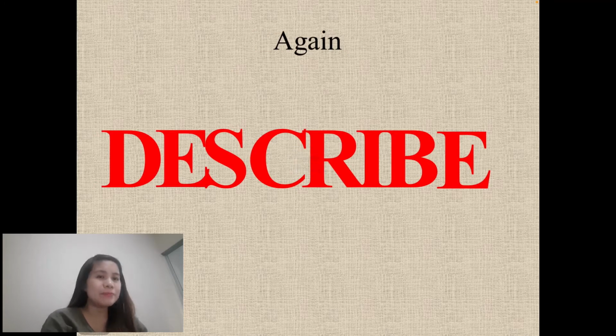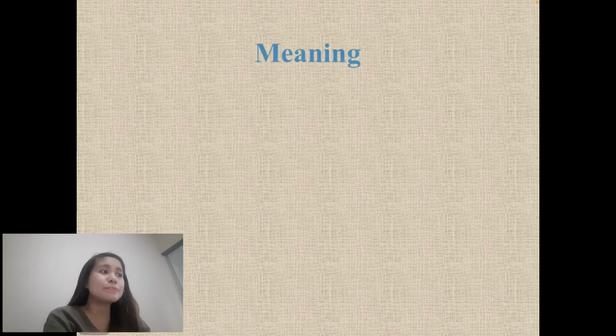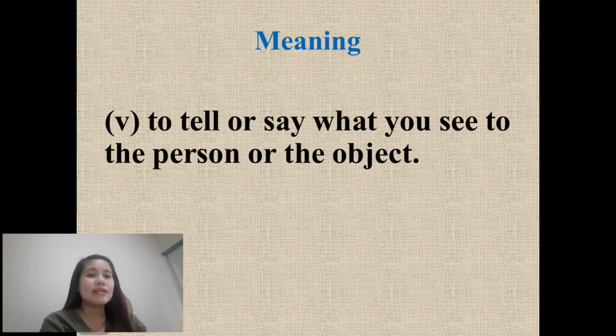Describe. Okay, meaning, it is a verb: to tell or say what you see to the person or to the object. So you are going to tell something about that person, and that is describe.